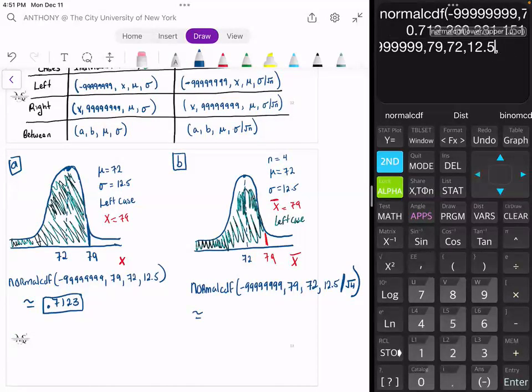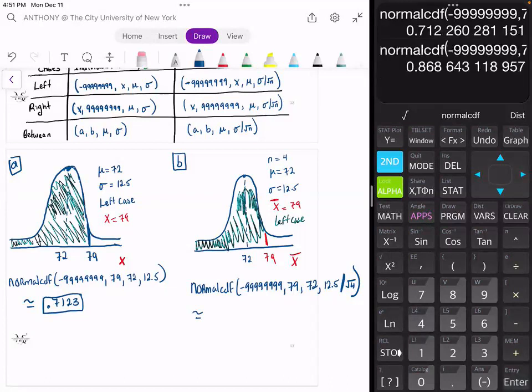After you put the 12.5, you divide it by square root of 4. So you have to do second x squared, put the 4, move the right arrow key if you need to, and then close parentheses. If you do this correctly, you'll get 0.8686.